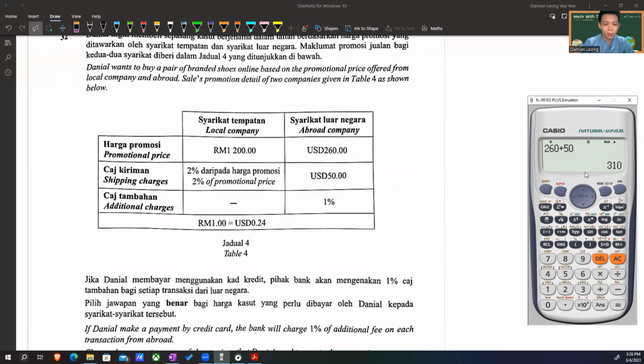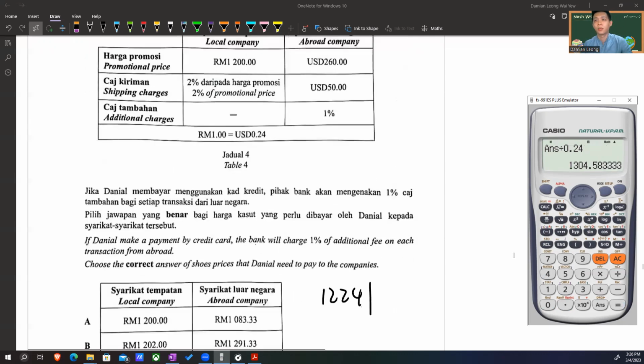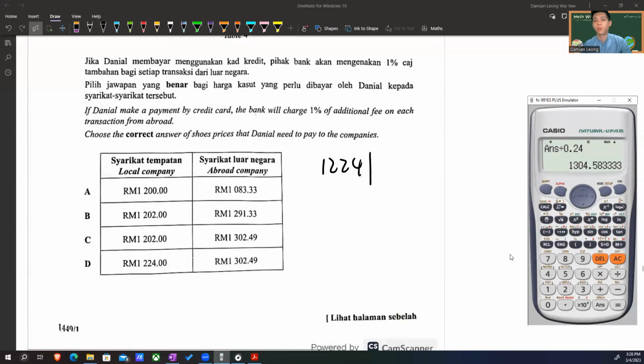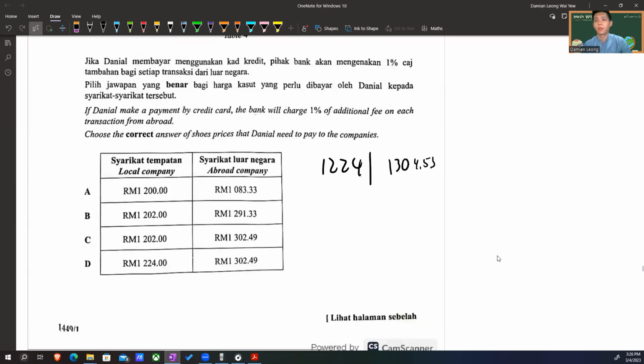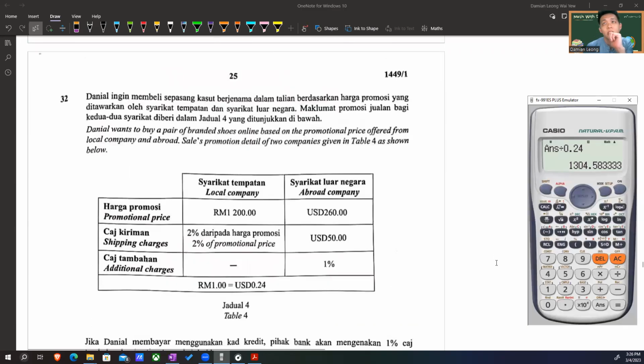So 310 plus 1% of the 310. Then change into ringgit, divide by 0.24. That is 1304.58, which is slightly off.